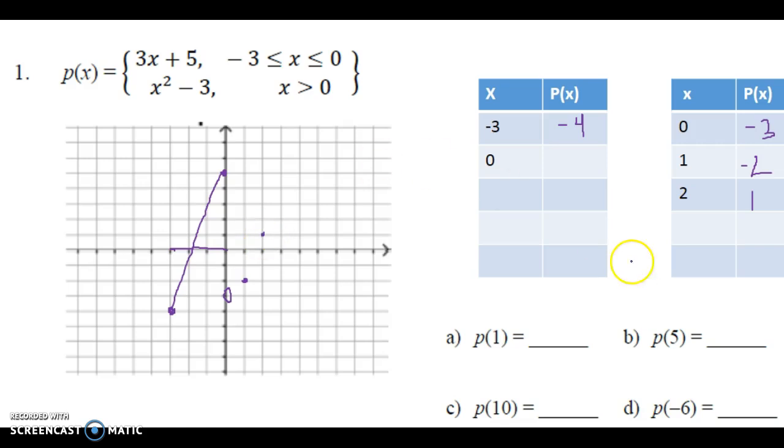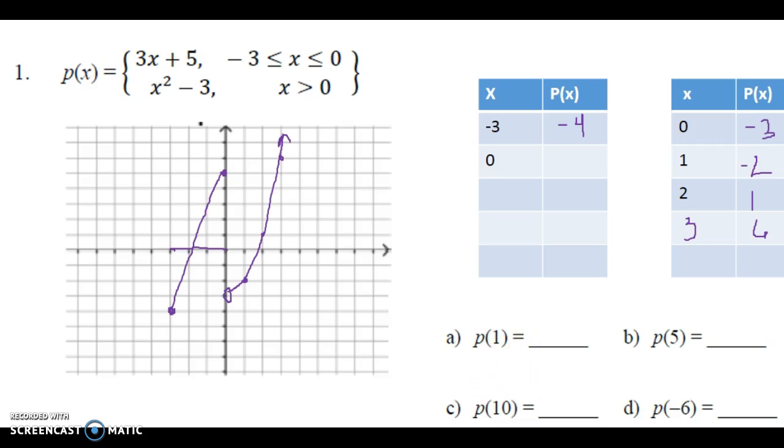If you want to go a little further, you can go in for 3. 3 squared is 9, minus 3 is 6. And so that would be 3, 6. You already should know that this is a quadratic, but you should see that curve forming. And we're going to put that arrow on the end because it is an unbounded interval. It goes on to positive infinity. All right, that's the graphing part of it.